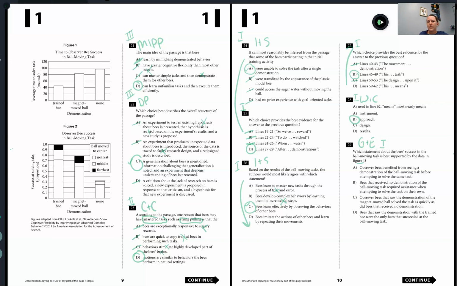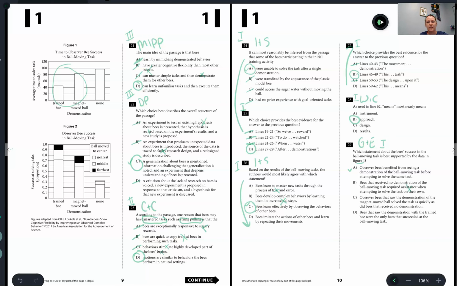So observer bees of trained bees or magnet move balls benefited from seeing a demonstration before attempting to solve the task. Okay, that would be accurate because in both situations where they received a demonstration, they're faster than not receiving a demonstration.